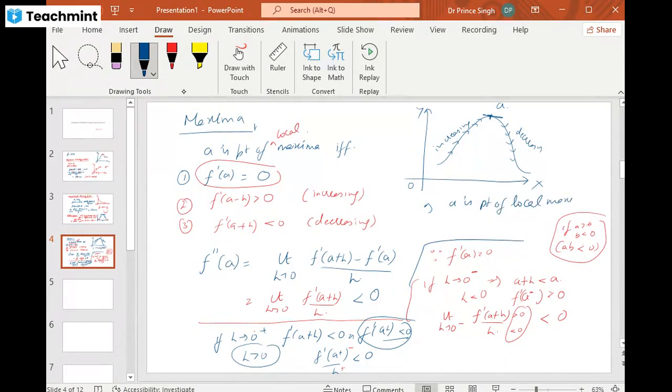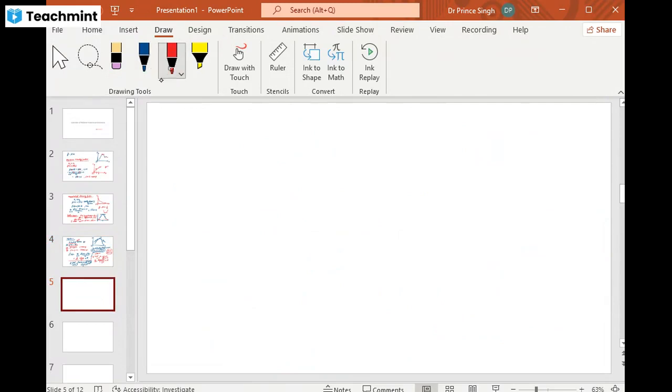What is the condition? The condition is f dash a is equal to 0 and f double dash a is less than 0. This gives us the condition of local maximum. Okay. So now we'll discuss the condition of minima.